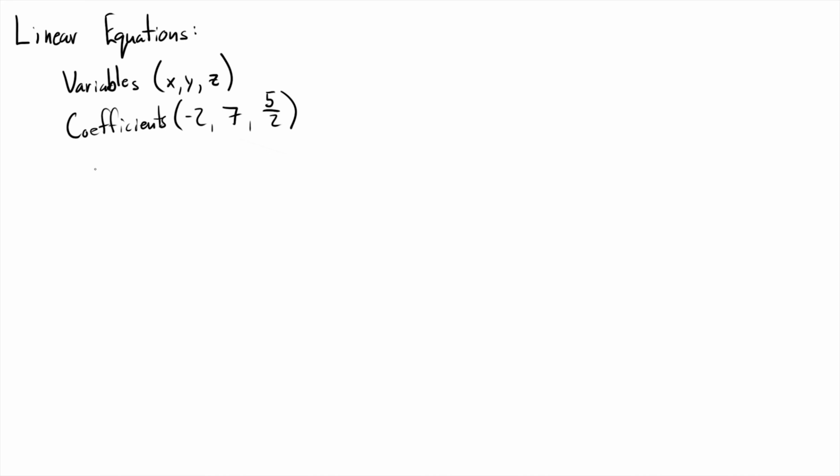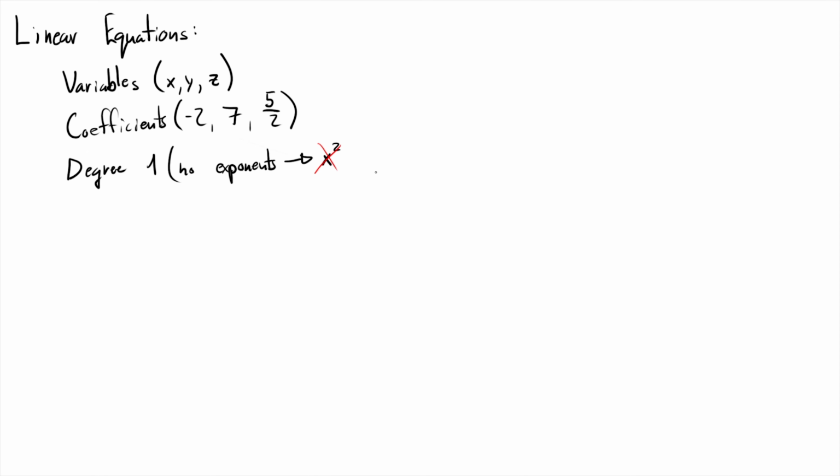And the last thing that we'll say is that it needs to be of degree 1. So what does this mean? Degree 1 basically just means no exponents, okay? And when I say no exponents, I mean no exponents on our variables. So for example, we cannot have x squared.